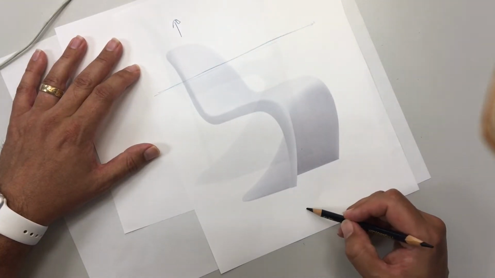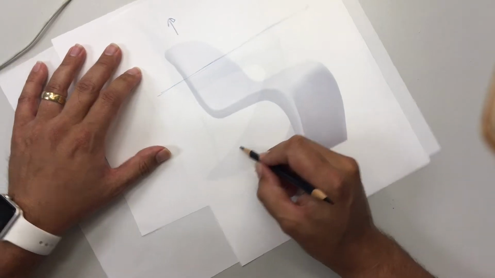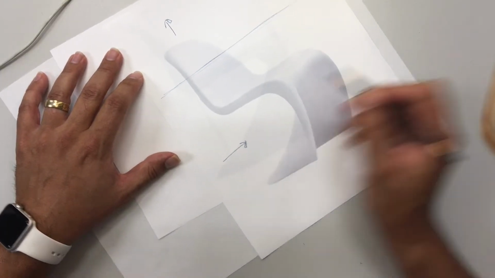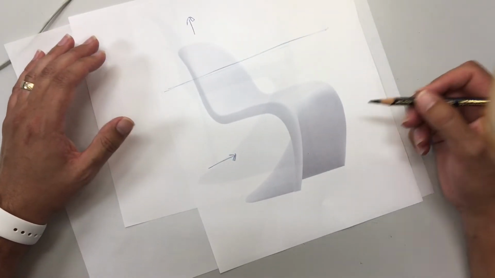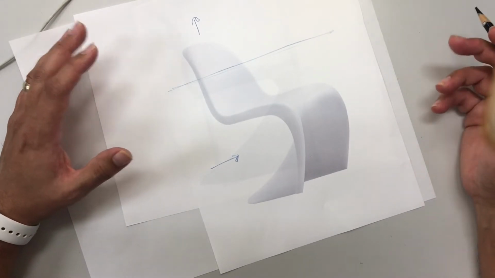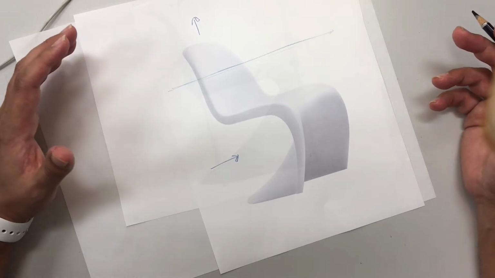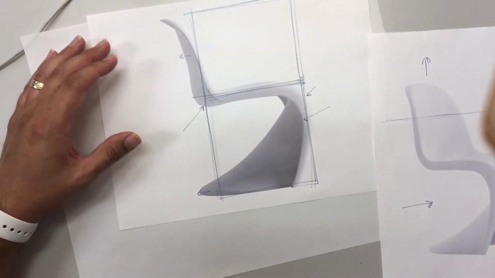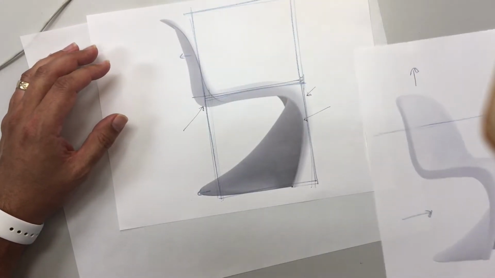I want a more severe angle, and I want to see more of the side of the chair, just like with the Z chair, than of the front of the chair. If you just look at a straight front view of this chair, it's not nearly as exciting as looking at the side of this. This is a pretty dramatic view.